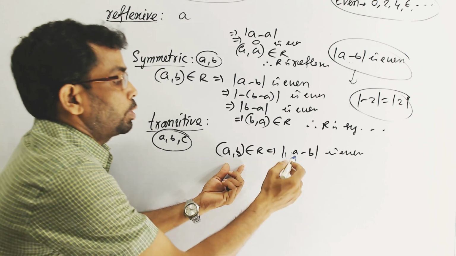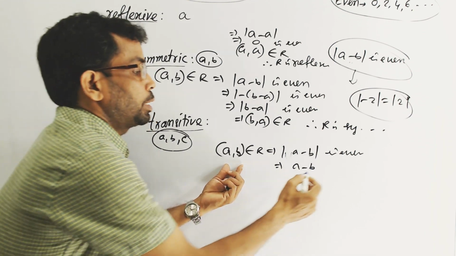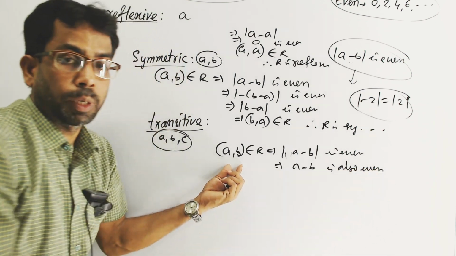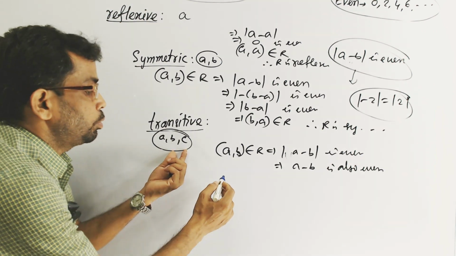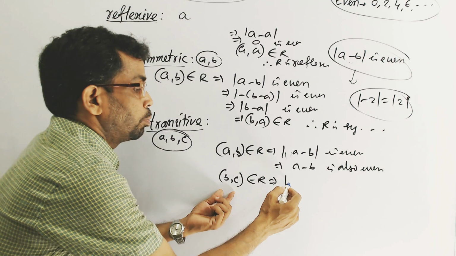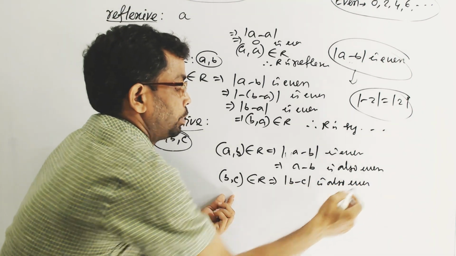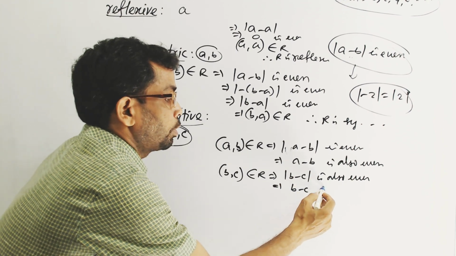If modulus of A minus B is even, then the number itself, A minus B, is also even. If modulus of a number is even, then the number itself must also be even. Same way, if the pair BC is in the relation, then modulus of B minus C is also even, and so the number itself is also even.